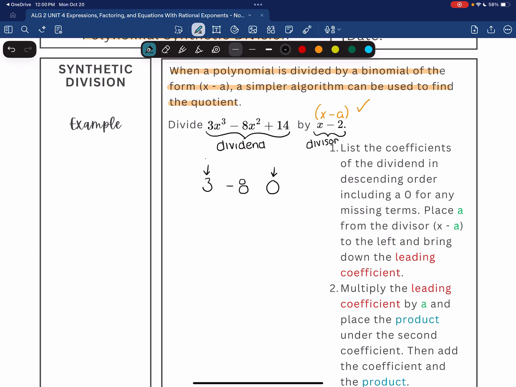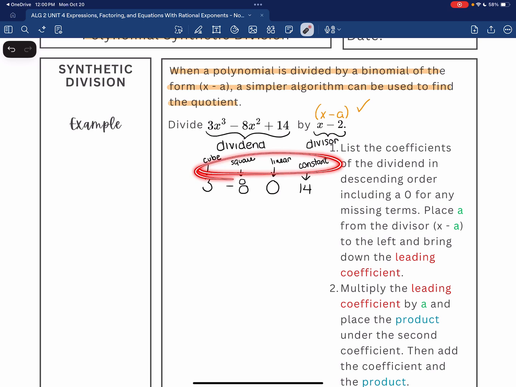So this is the cube. This is the square. This is the linear. And this right here is my constant, which is a positive 14. All right, so I'm just kind of helping you guys to see this. You don't have to write all of these things above it when you're doing it.